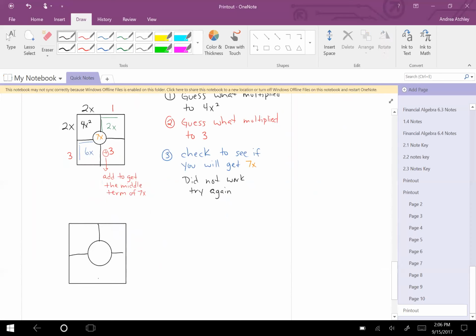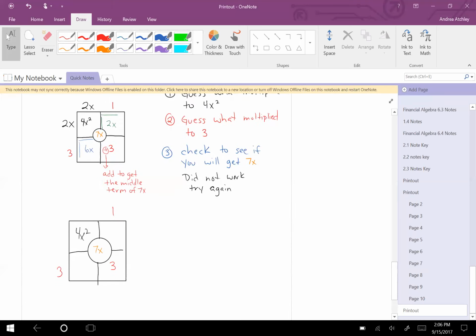In your homework. Okay, so we still have the 4x squared, the 7x, and the 3. I still don't have a lot to choose from the 3, right? What multiplies the 3 again, guys? Okay, 1 and 3. And so I know those have to be a 1 and a 3 at some point.